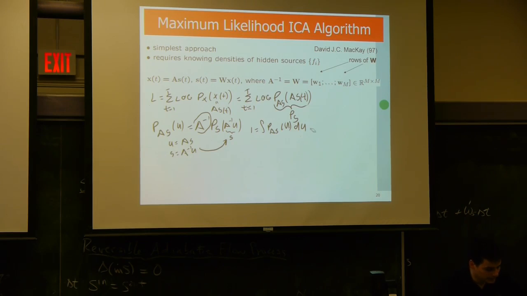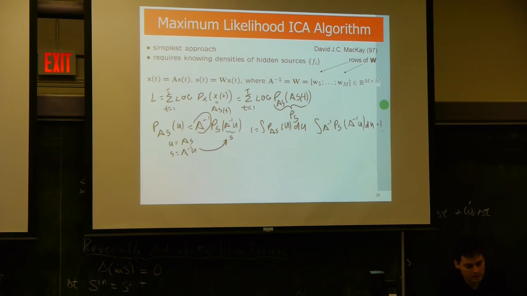I just need to prove that the integral of A inverse PS of A inverse U du is 1. So that's what happens. That's called integral transformation. So this is just the determinant of this linear transformation, right?